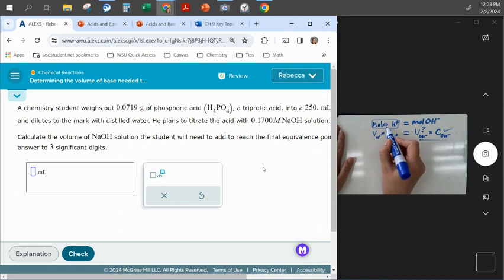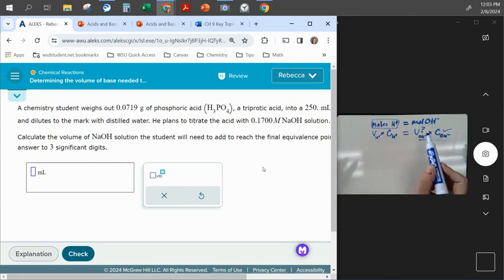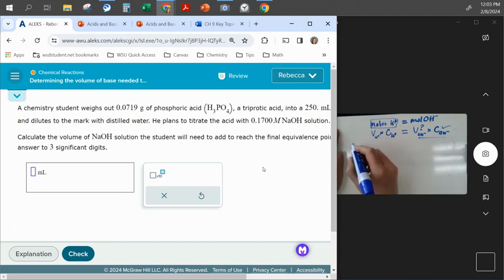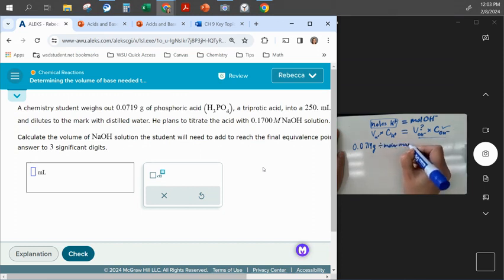So we're looking for moles of acid because we need to relate that to moles of base. We want that when they're equal, and then we can relate to how many moles of base through this equation. So we're going to find the moles of acid by taking the mass of the acid, grams of phosphoric acid, and dividing by the molar mass. And this is going to give us the moles of acid.